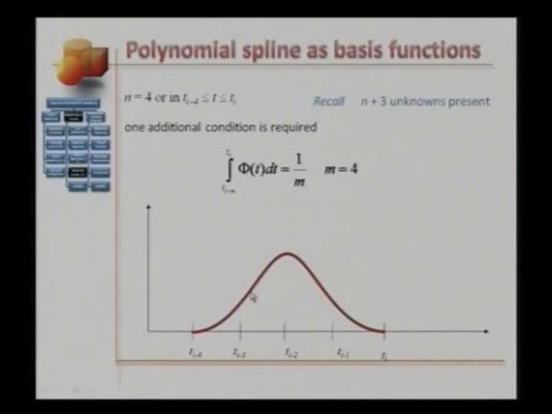If this is a curve of order m, this knot here can be generalized to Ti minus m, which is this value here.